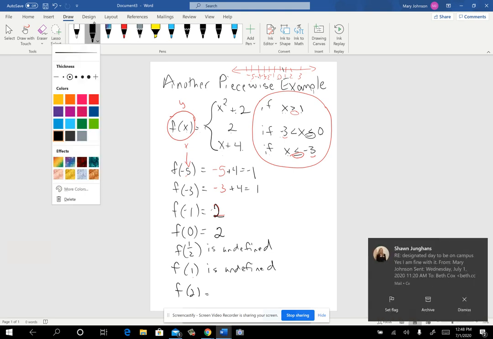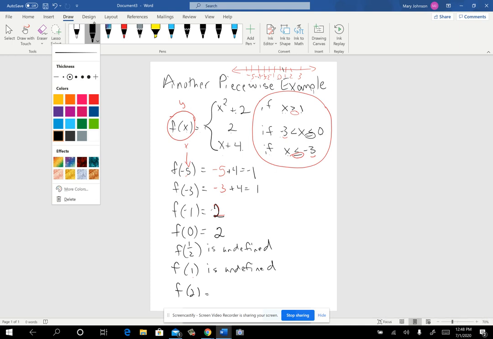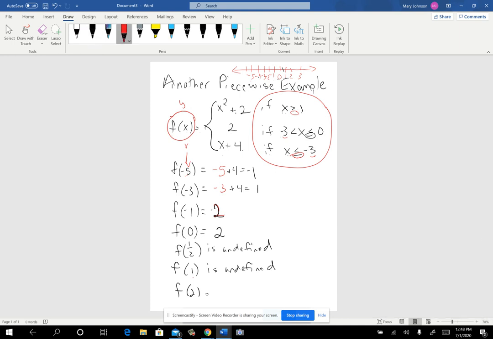Now for f of 2, I would use the top rule because 2 is bigger than 1. So I would put the 2 in for the x and square it and then add 2. So that would be 4 plus 2, which is 6.